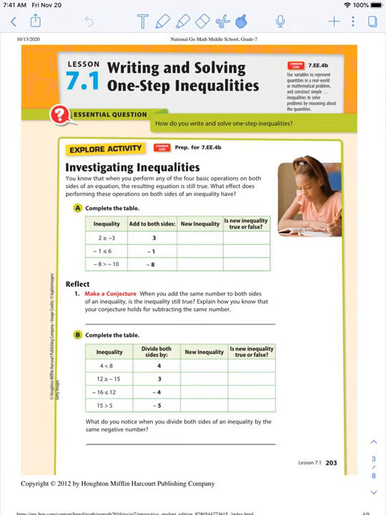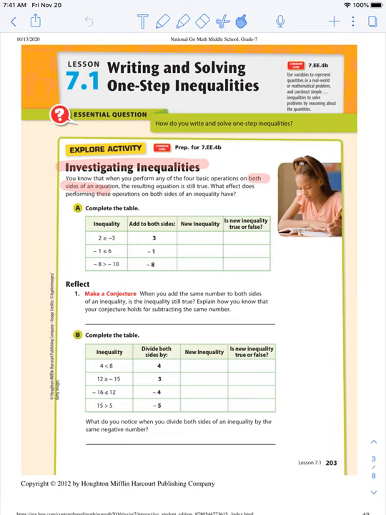All right, so let's start inequalities, writing and solving one-step inequalities. Before we actually solve any inequalities, we're going to investigate them a little bit first. So you know that when you perform any of the 4 operations, addition, subtraction, multiplication, division, if you do it to both sides of the equation, balancing the equation, the result is true.